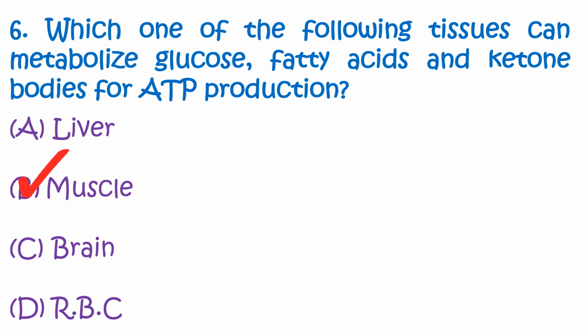The brain utilizes glucose as well as fatty acids, and RBCs don't consume any of the glucose or the fatty acids or ketone bodies. Here, the correct option will be muscle because the skeletal muscle utilizes all three, that is the glucose, fatty acids, and ketone bodies, and it is taken up for the ATP production.